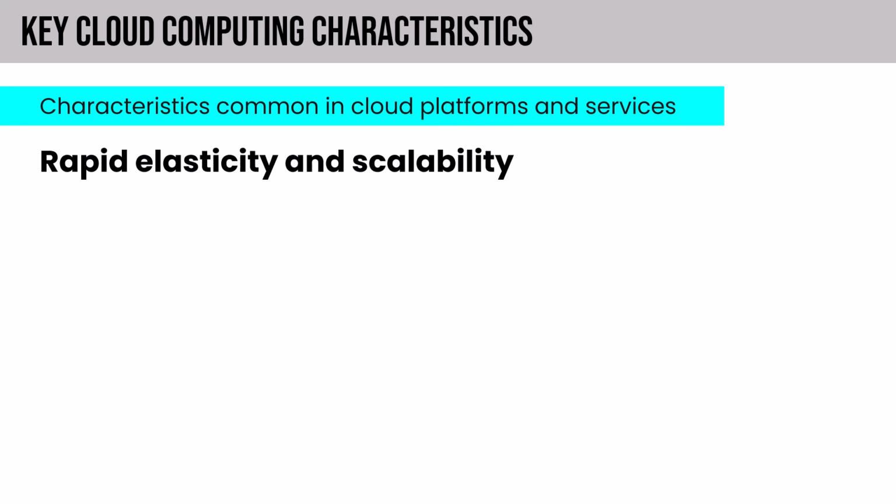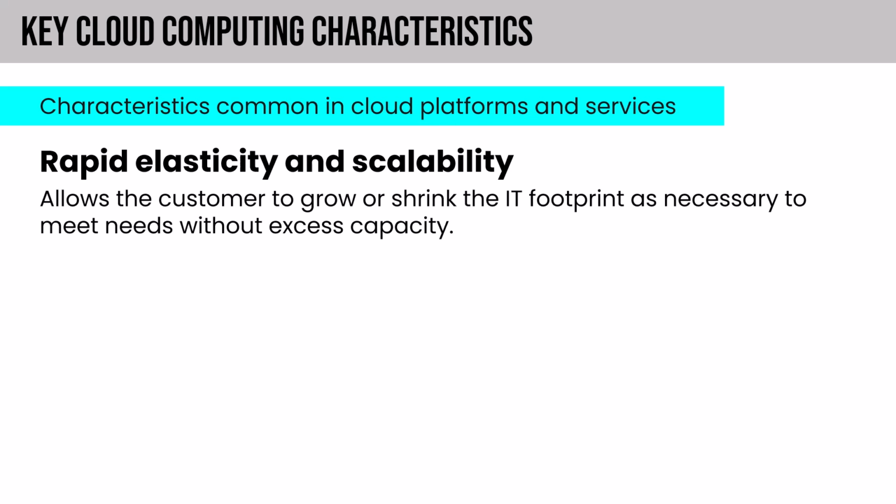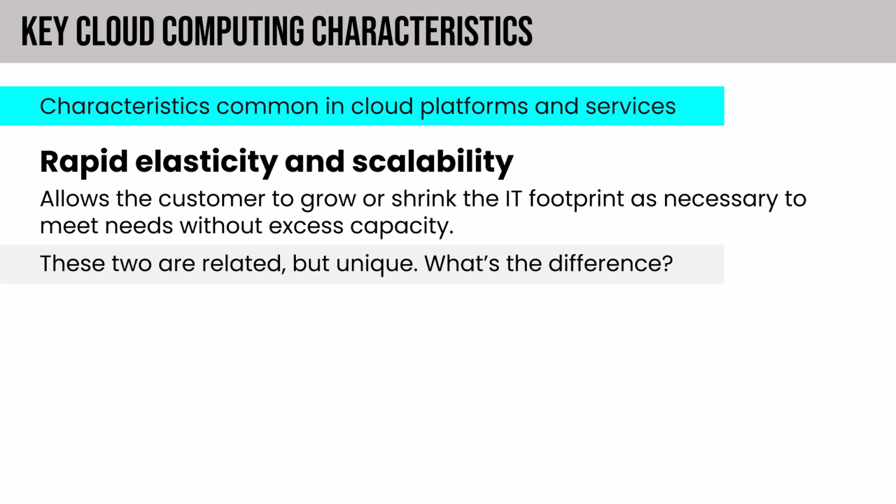We have rapid elasticity and scalability. This allows the customer to grow or shrink the IT footprint as necessary to meet their compute needs, their storage needs, without excess capacity. These two are related, but they're unique. So let's talk about the difference between elasticity and scalability.